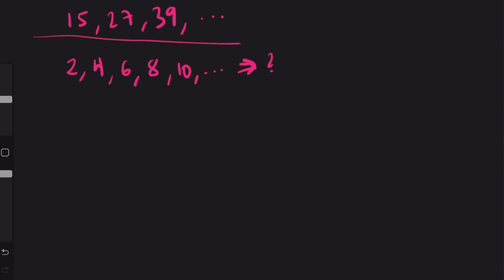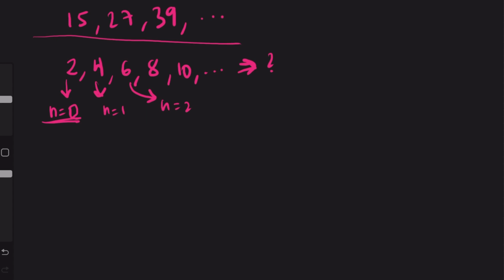You can start by deciding, is this value when n equals 1 or when n equals 0? Because this defines the origin of your equation. So let's keep n equals 0, and then this one would be for n equals 1, and this one for n equals 2.